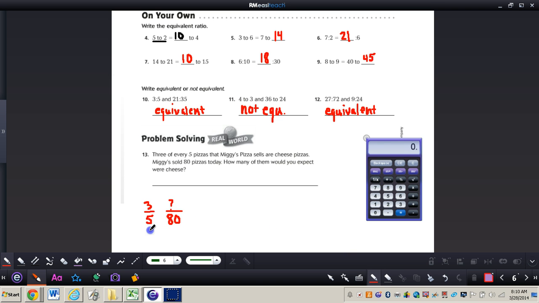That's going to give us 16. So we multiplied 5 times 16 to get to 80. So in order to get that missing ratio, or how many cheese pizzas there are, we multiply 3 by 16, and that's going to give us 48. So 48 cheese pizzas.